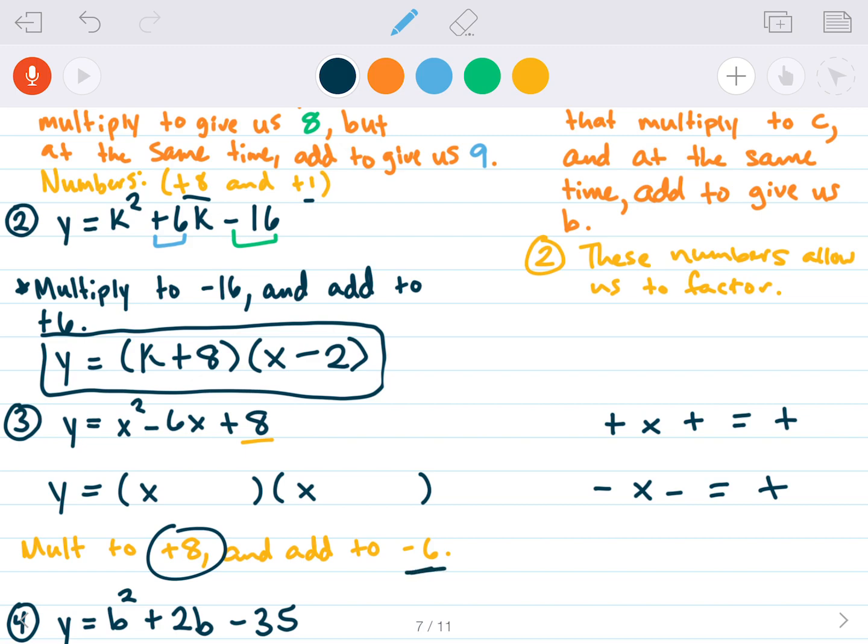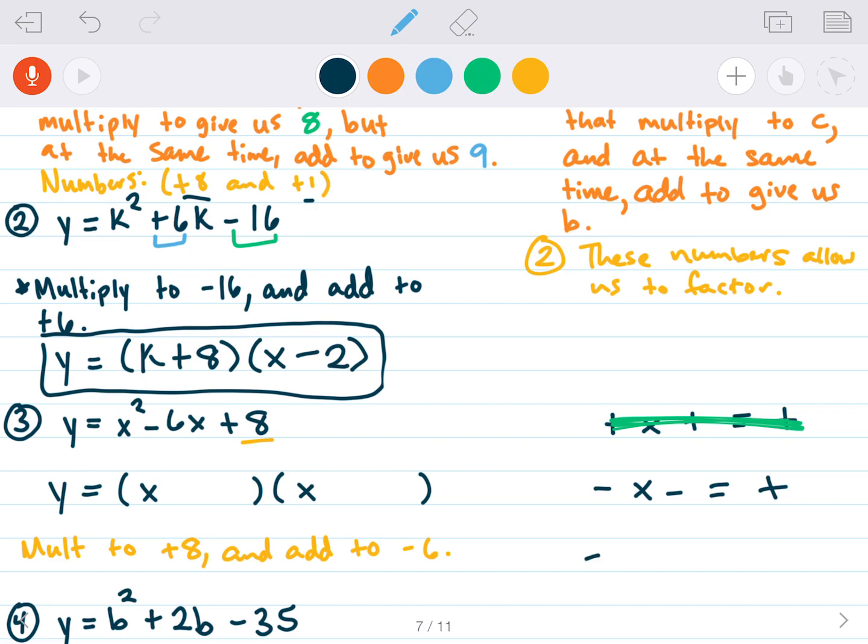Since we're adding to a negative, I can logically say that it can't be the positive times positive situation because there's no negative there. So I want two negative numbers that are going to multiply to a positive 8, but add to negative 6. So the factors of 8, we have 8 and 1, we have 4 and 2, that makes 6.